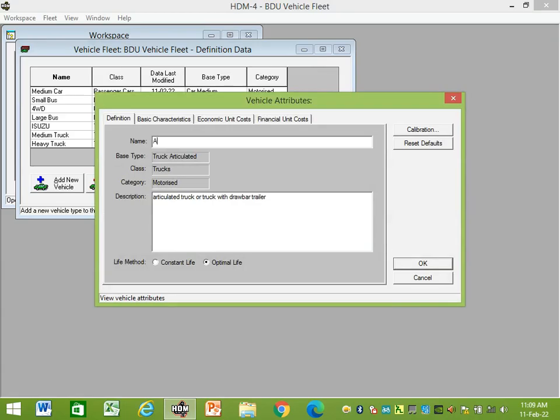Okay? Articulated. You can see even truck and trailer.